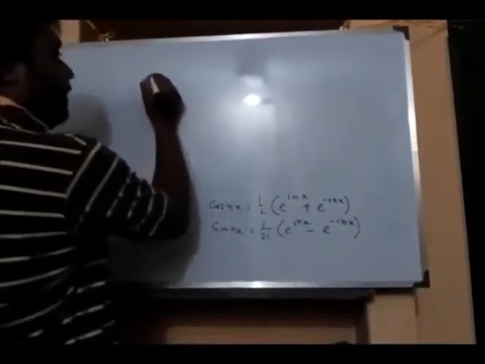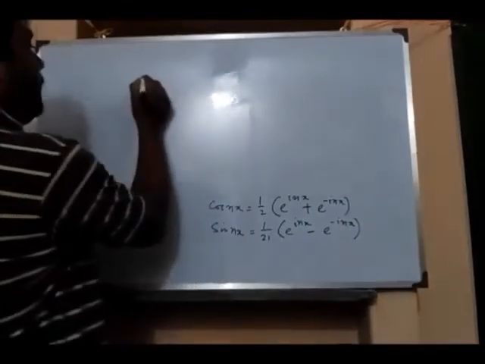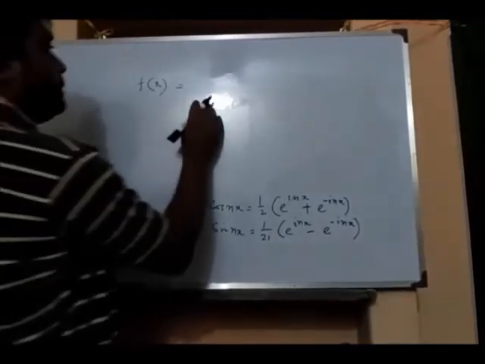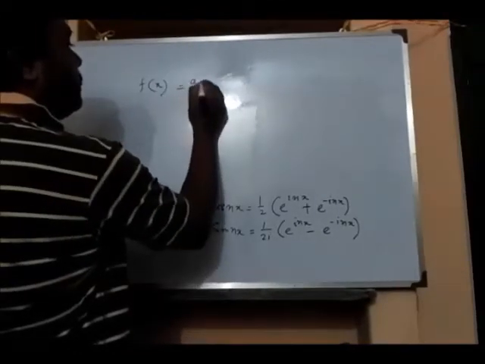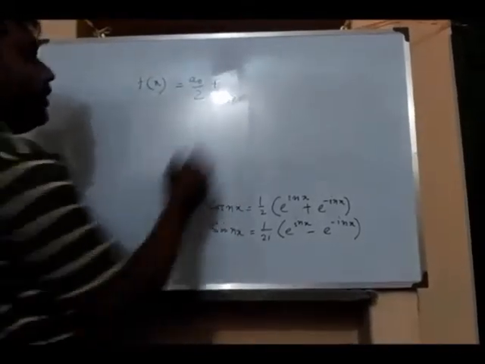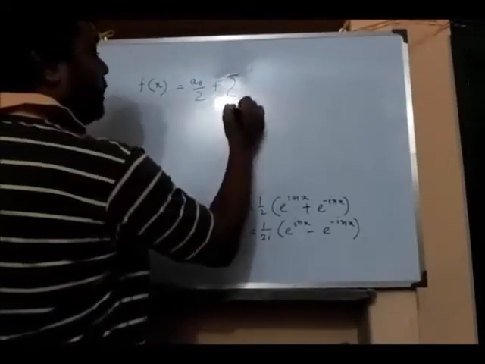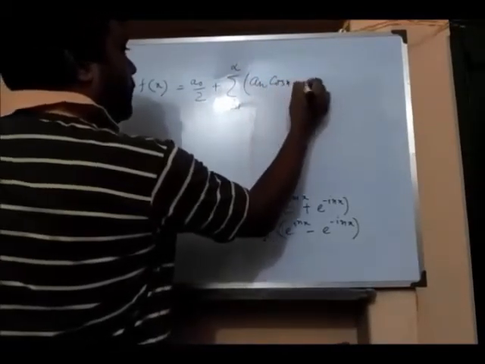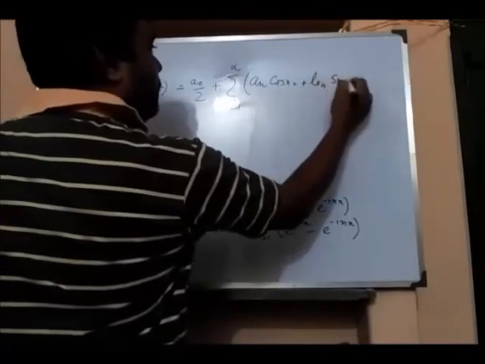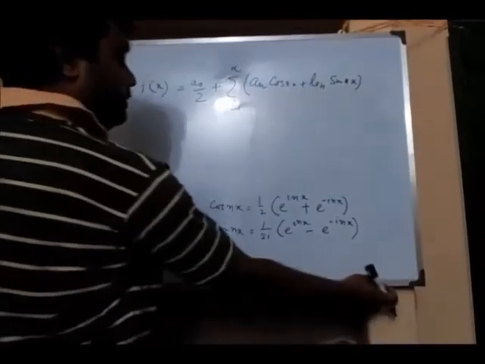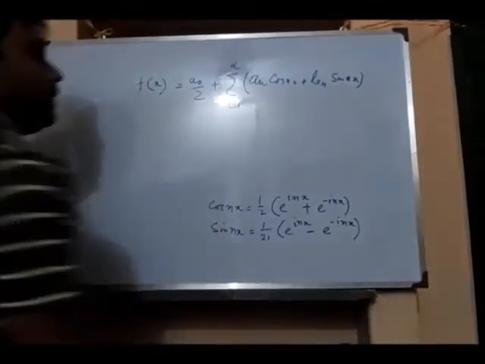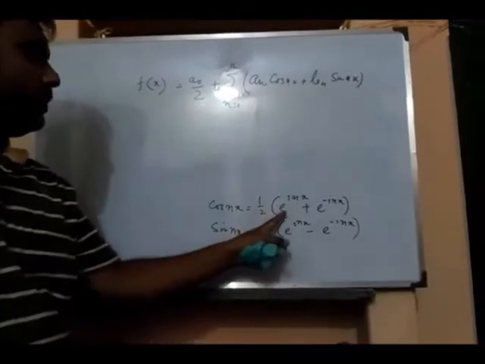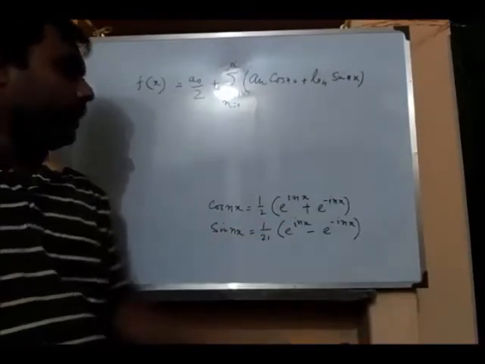Now, what is the form of that particular Fourier series in complex terms? So f(x) can be given as a0 divided by 2 plus sum over n equal to 1 to infinity of an cos nx plus bn sin nx. We replace this cos nx and sin nx in terms of e to the power i nx and e to the power minus i nx.